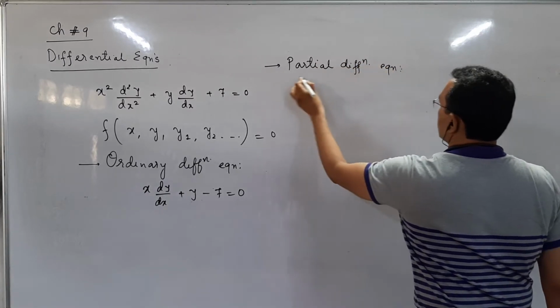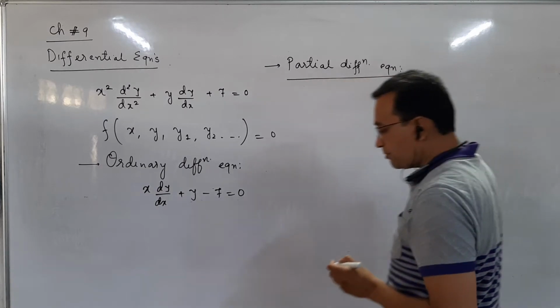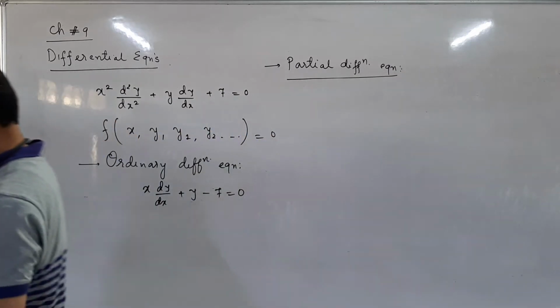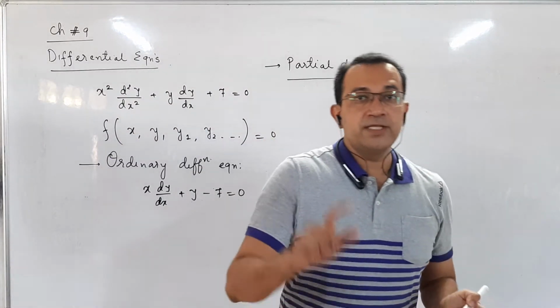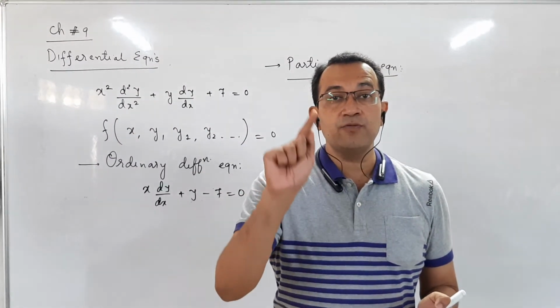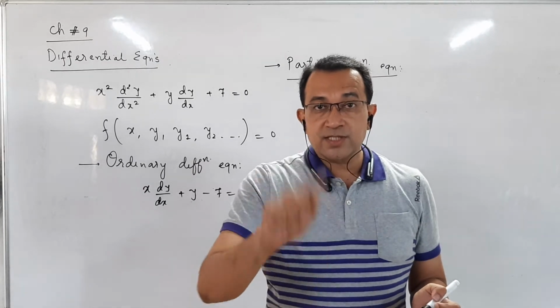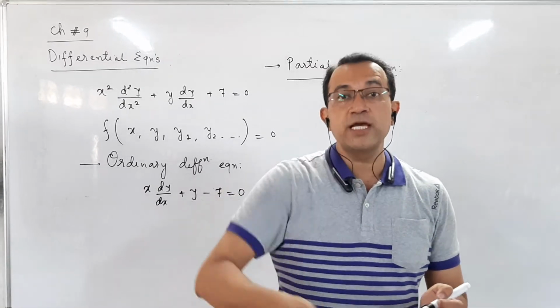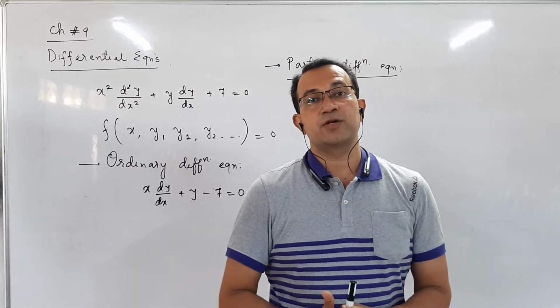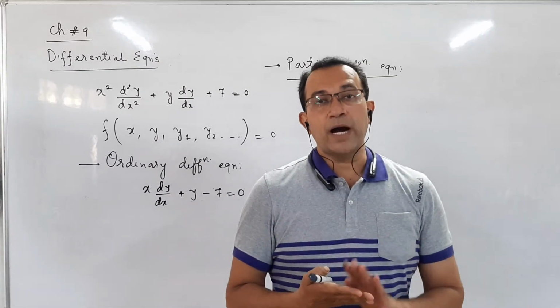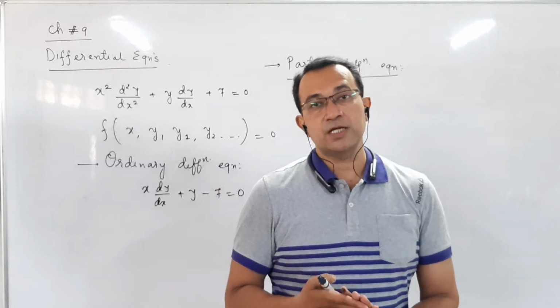This we studied in your engineering second sem. Partial derivatives, students. So, a differential equation where the derivatives of dependent variable y is considered with respect to more than one independent variable, then such a differential equation is called partial differential equation.